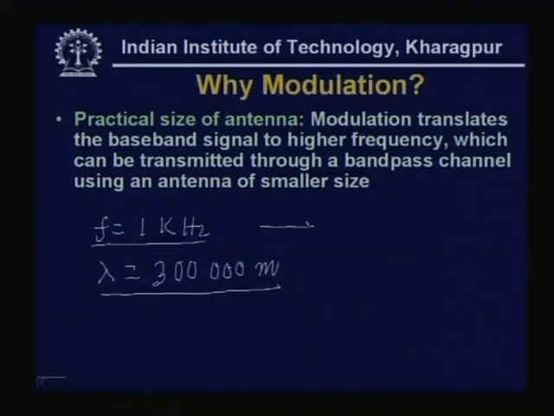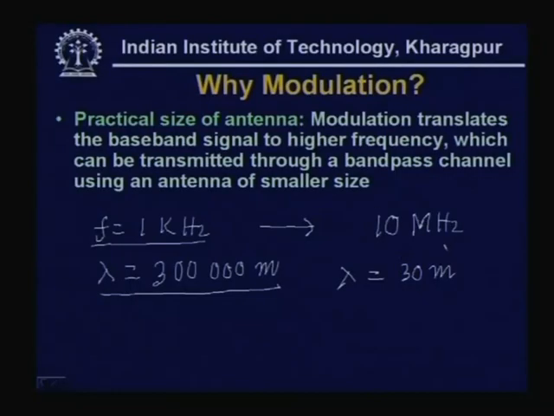You cannot do it. However, if you translate it to a frequency, say 10 megahertz, this will correspond to a lambda that is equal to only 30 meter. Obviously, it is quite possible to have an antenna of 30 meter.